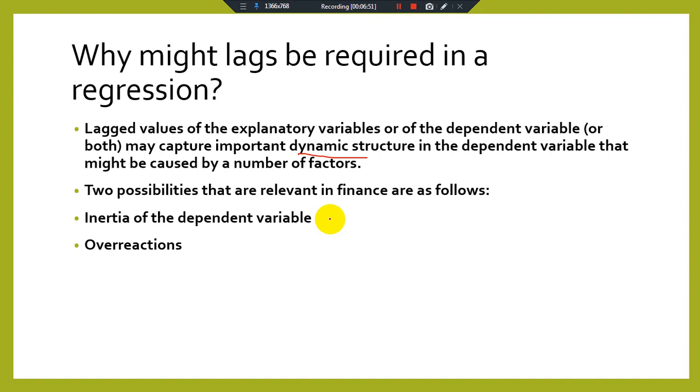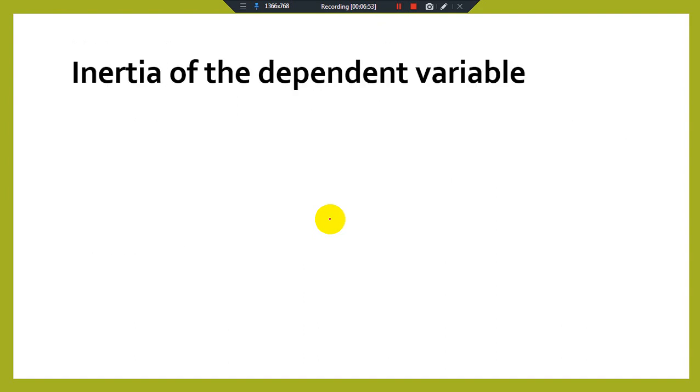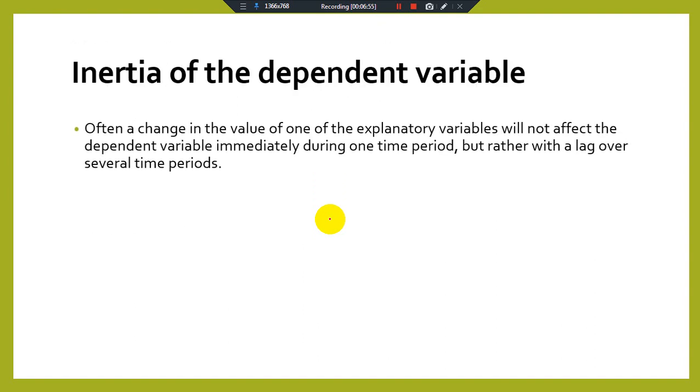Okay, let's discuss the inertia of the dependent variable. Often a change in the value of one of the explanatory variables will not affect the dependent variable immediately during one period, but rather with a lag over several time periods. So that's why I am explaining that there are a number of events which cannot affect a financial or economic variable immediately.